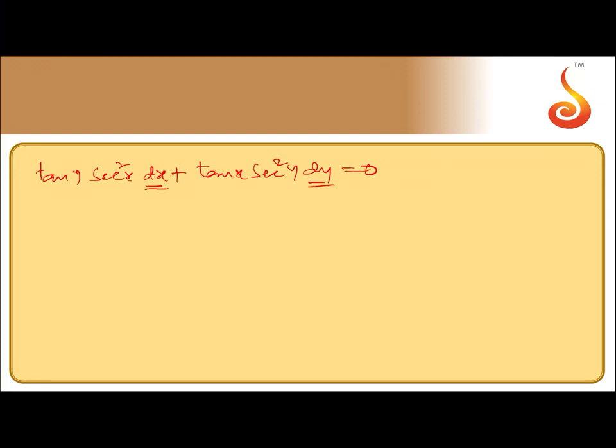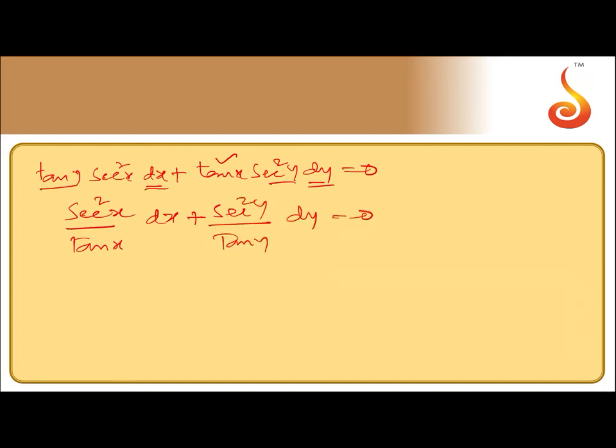Since we have dx here and dy here, divide by tan x tan y and rewrite: secant square x divided by tan x dx plus secant square y divided by tan y dy is equal to 0.